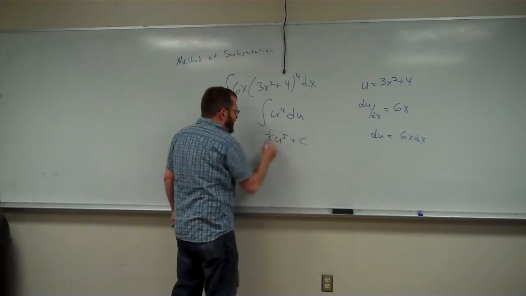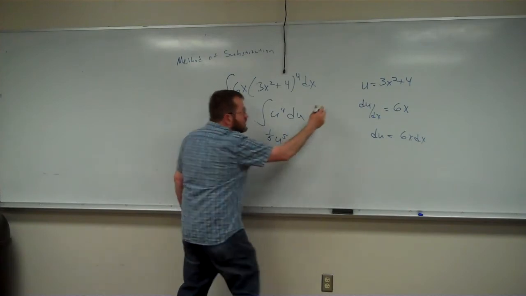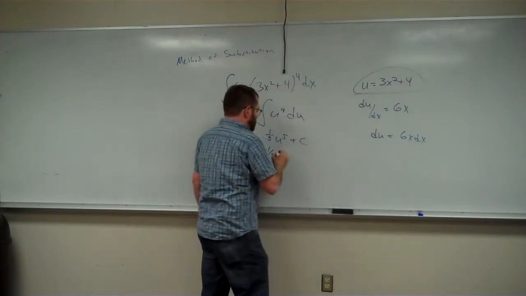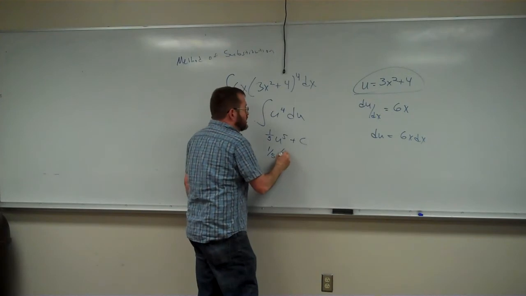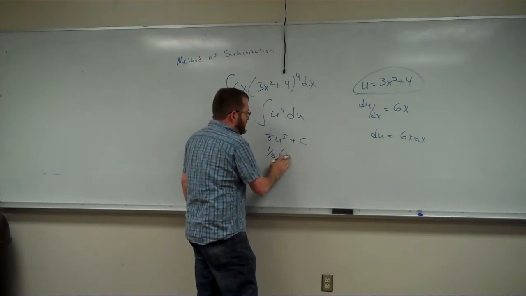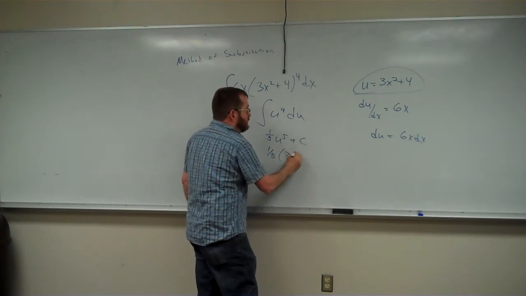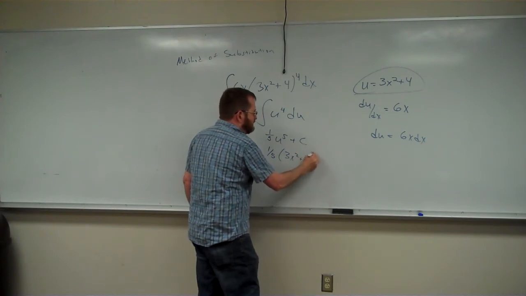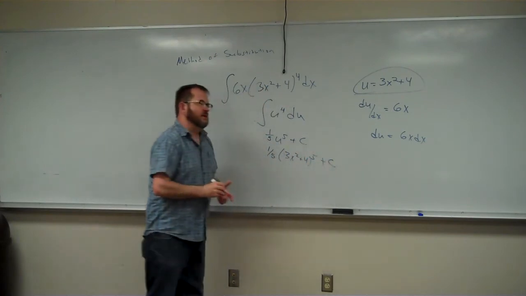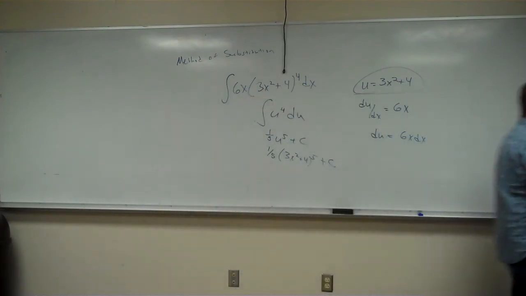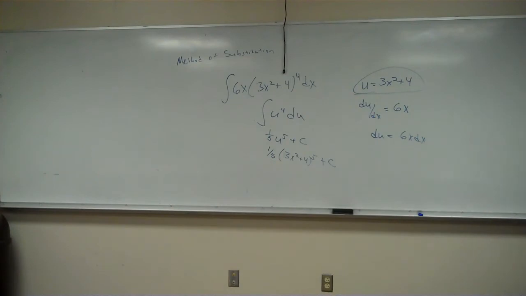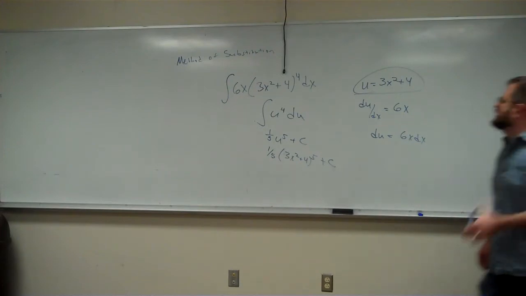Or we can now put that back in from that u definition, where u is equal to this. So that is 1/5 times 3x squared plus 4 to the 5th power plus c. Let me just double check if that's the answer they got on example 5.30. Yeah, they wrote it in a slightly different form, but that's the same answer.